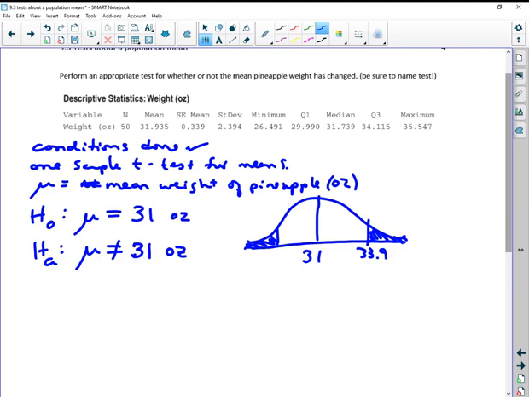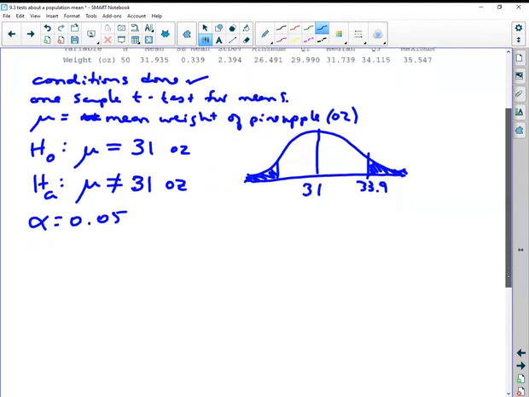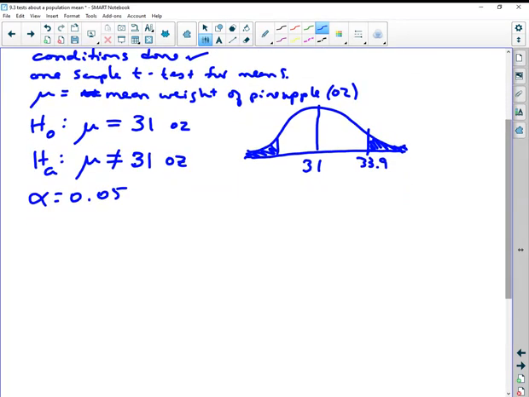All right, so we have our significance level of 0.05, since I don't see a significance level given. So let's call it the 0.05 level. My degrees of freedom will be n minus 1, so 50 minus 1 is 49, which isn't on the formula sheet.